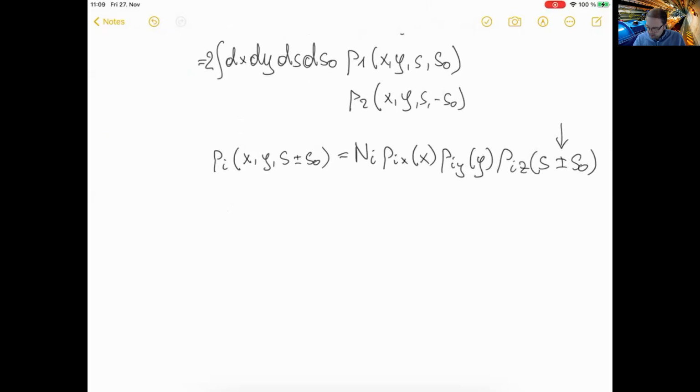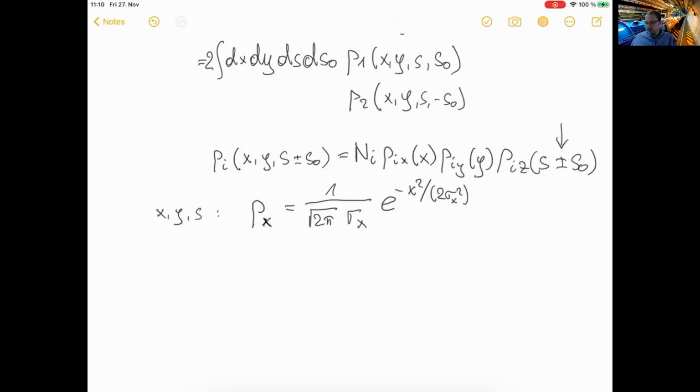And then we say for x, y, and s that the profile, I write it down for x, looks like this. It's a normal distribution, which is given by 1 over square root of 2 pi times the width of this distribution times e to the minus x squared divided by 2 sigma_x squared.